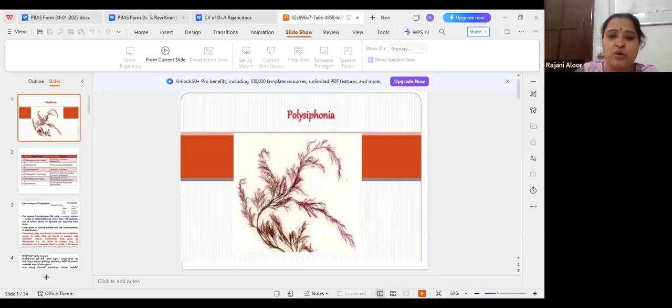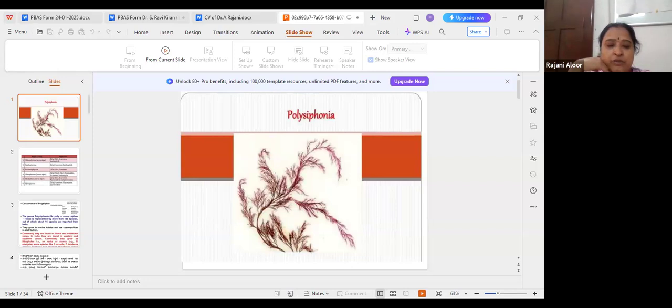Coming to the plant body, here the plant body is multiaxial. This is the typical plant body of Polysiphonia. The plant body is a multiaxial, well-branched thallus, dark brown, reddish, or sometimes bluish-red in color.